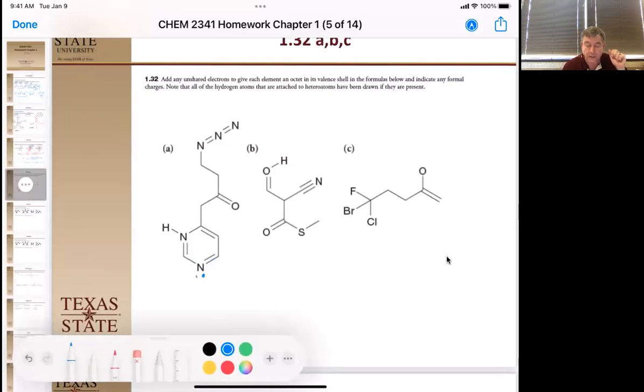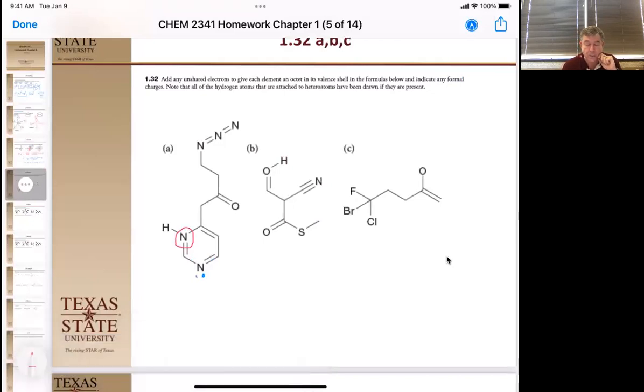Our carbons here are all going to have octets. Now let's look at this next nitrogen here. We have 1 bond, 2 bonds, 3 bonds, and 4 bonds, and no lone pair. Uh-oh. That means we have to calculate our formal charge.